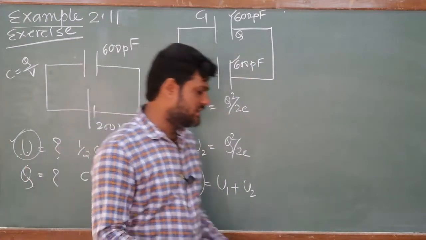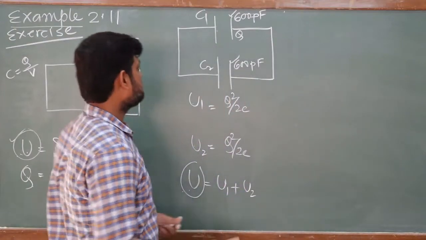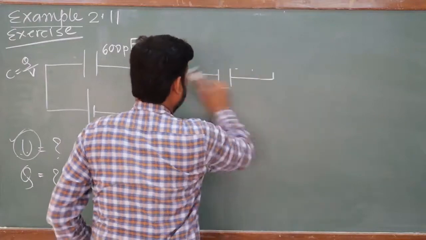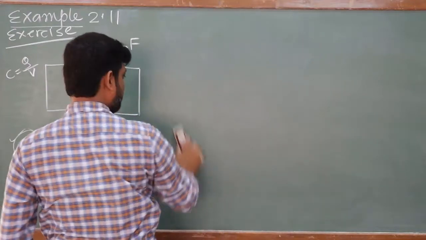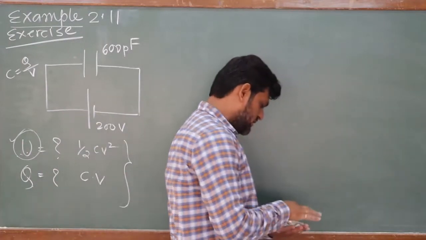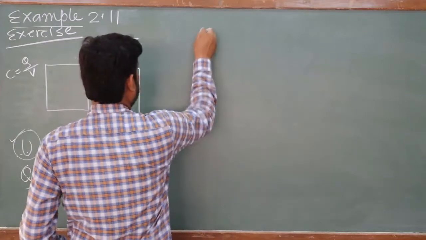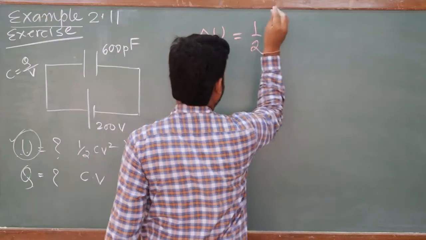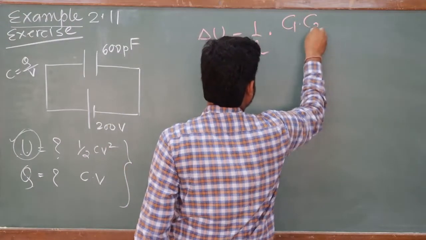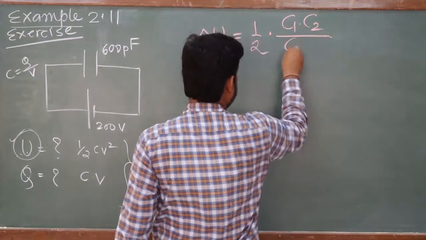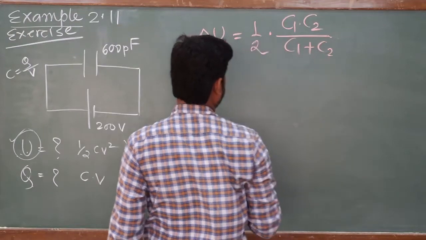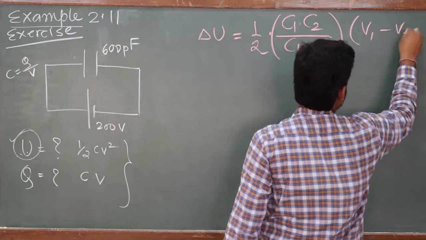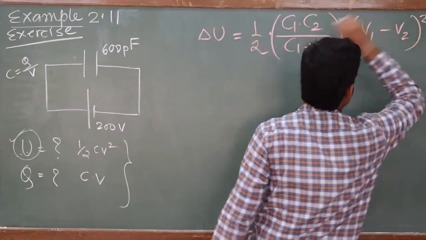Now a tricky method to find the loss in energy, right? First of all, learn the formula properly. Delta U equals half into C1 C2 divided by C1 plus C2, into (V1 minus V2) bracket square.